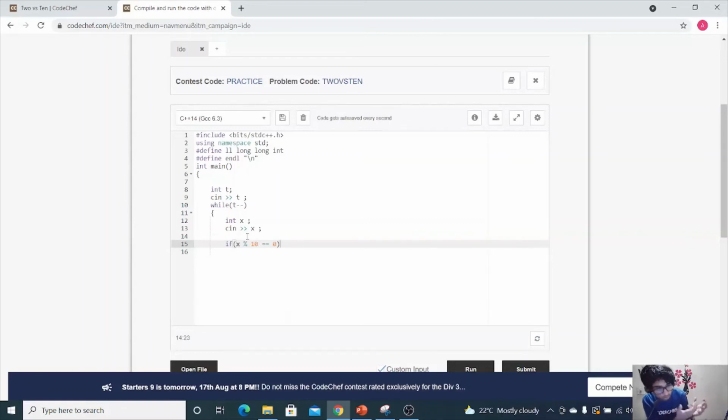If we get no remainder, it means that the number x is divisible by 10. So here we can directly write that the number of steps is 0. There are 0 steps required to make this number divisible by 10 by repeated multiplications by 2. So if a number is divisible by 10, 0 steps.